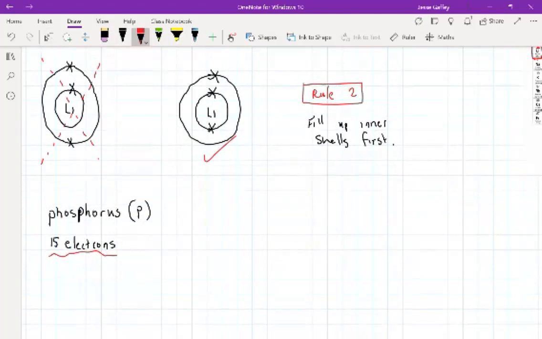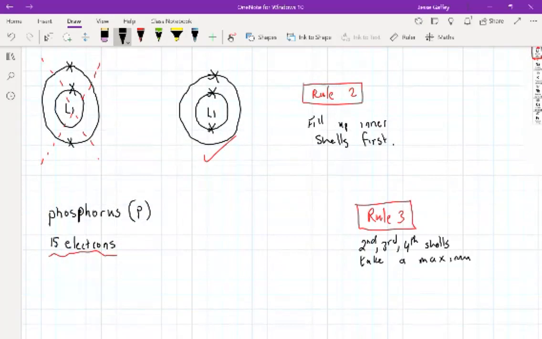Well, I'm going to need to give you rule 3 here. Rule 3 says that the second, third, fourth shells, and so on, can hold a maximum of 8 electrons.